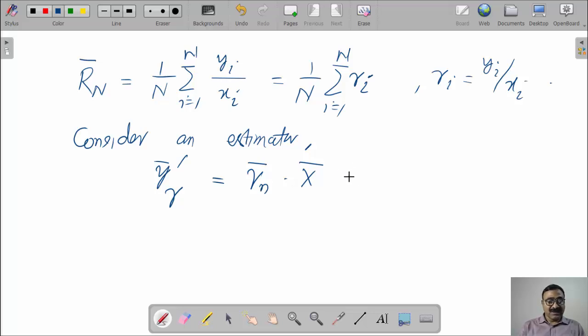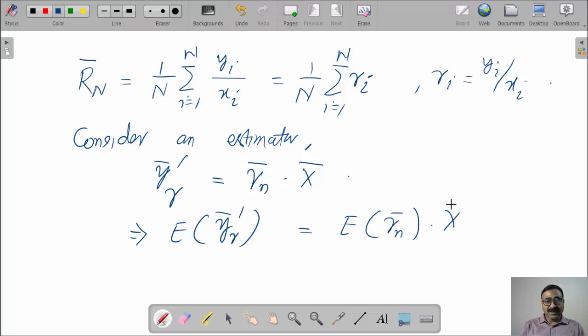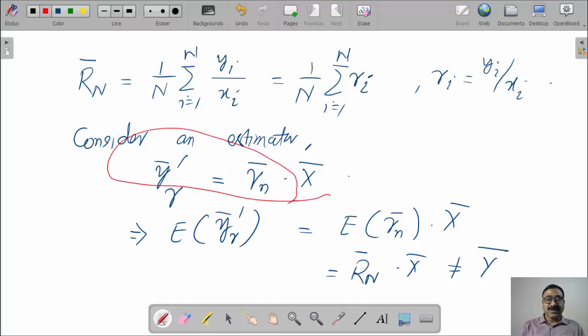So expectation of y r bar dash is equal to expectation of R_n bar into x bar, that is equal to R_n bar into x bar. This is not equal to y bar. So this y r bar dash is also a biased estimator of the population mean.